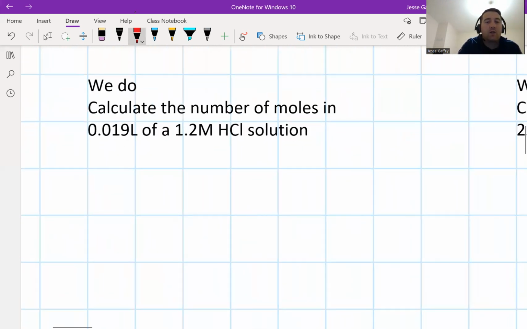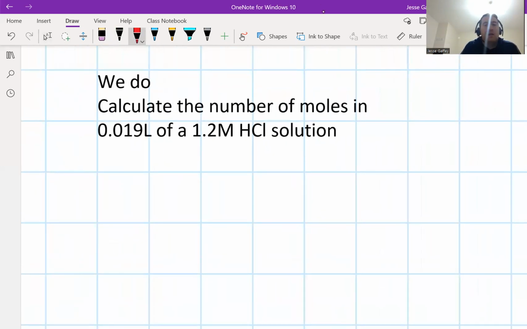All right, we're going to do this one together, okay? So calculate the number of moles in a 0.019 liter solution of 1.2 molar HCl. Okay, so again, what are we going to do here? Pause the video and write down, what are we converting? What's the plan?